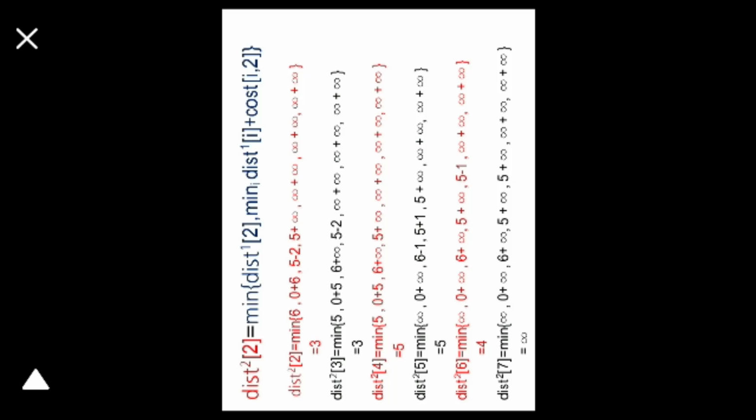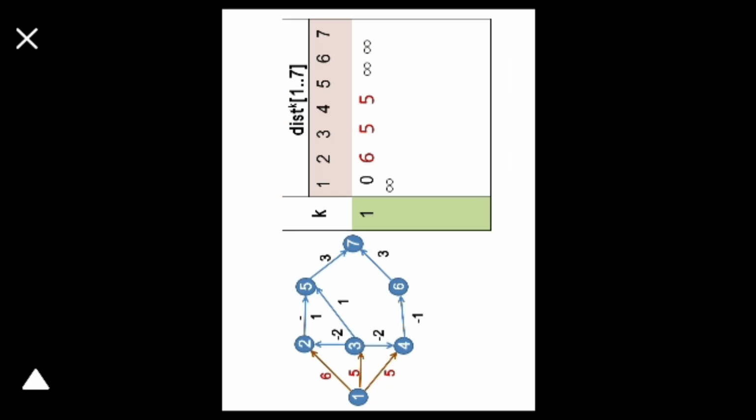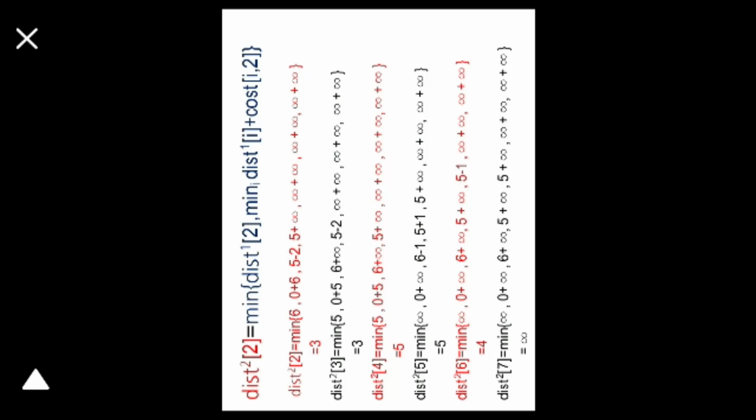So now this can be calculated as minimum of distance from source to, for example here vertex 2 with one edge, as we have calculated already, is 6, comma, minimum of distance from source to the immediate vertex with one edge plus cost of the vertex to 2.